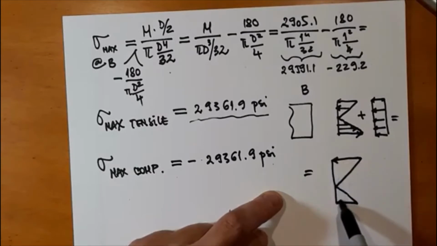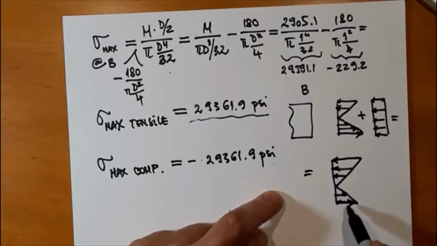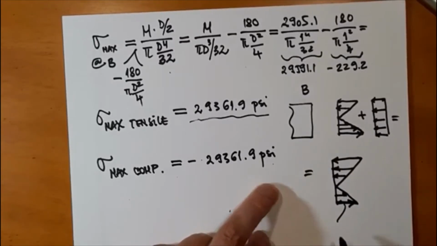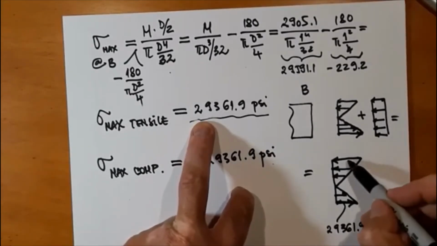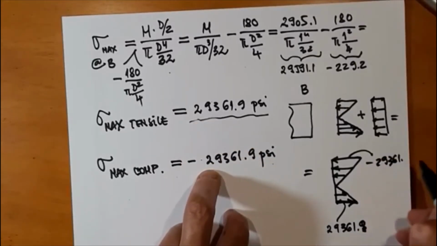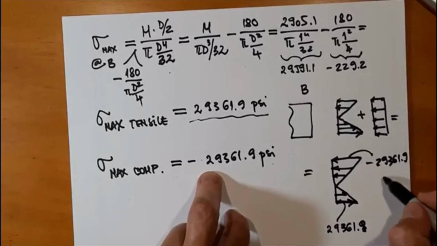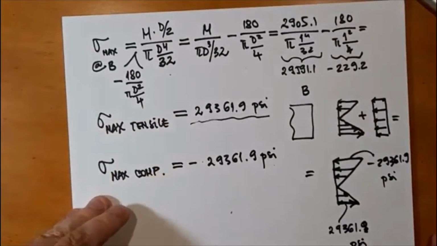So compression and tension is this number, 29361.9, and this one is negative 29361.9, psi and psi. Okay. All right, so calculating the maximum stresses.